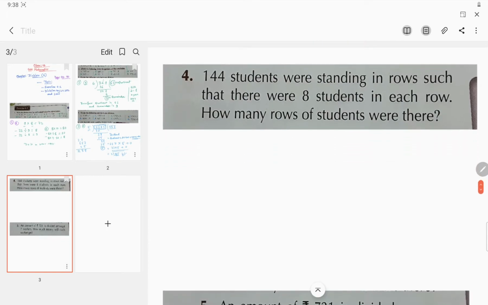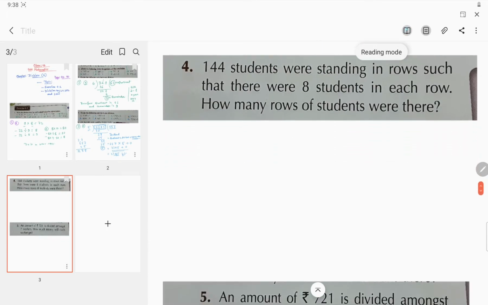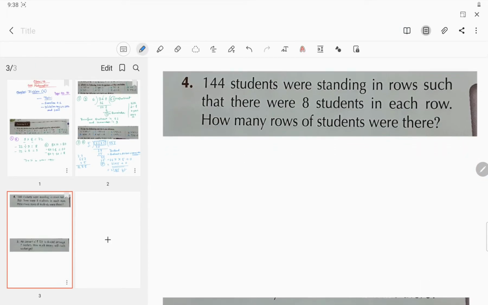Now question number 4. It says 144 students were standing in rows such that there were 8 students in each row. That means there were 8 students in each row.